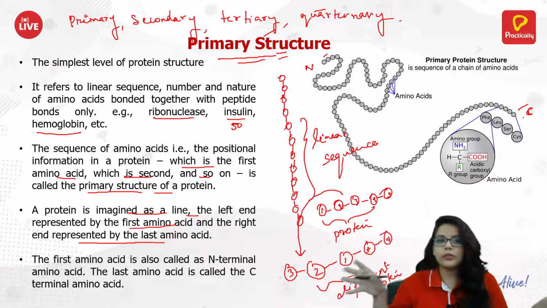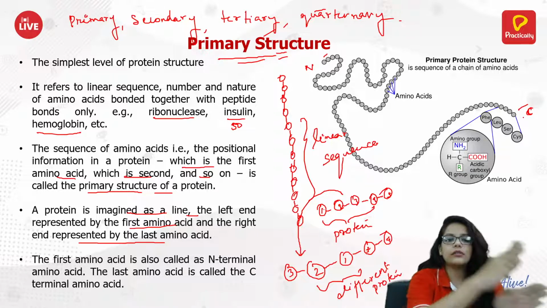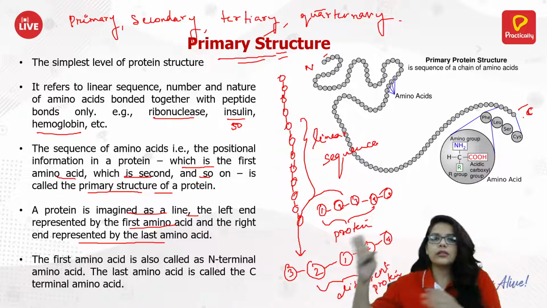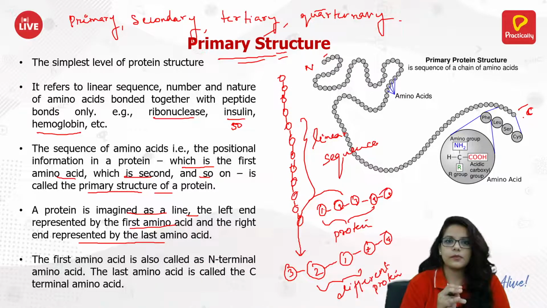It will always have a terminal, an amino group and a carboxylic group, at the ends. You have to see where the N terminal is, that is the first amino acid. Where the carboxyl terminal is, that is the last amino acid.